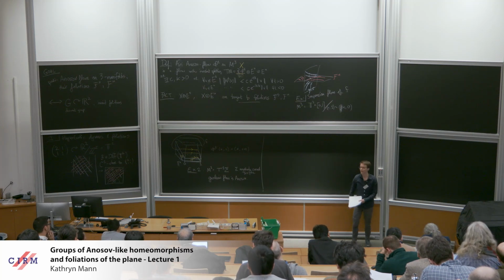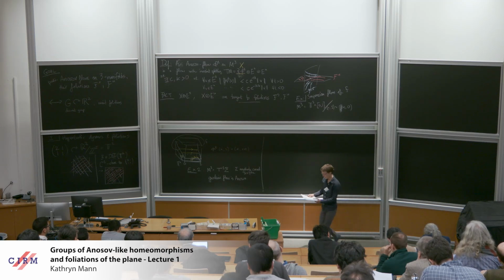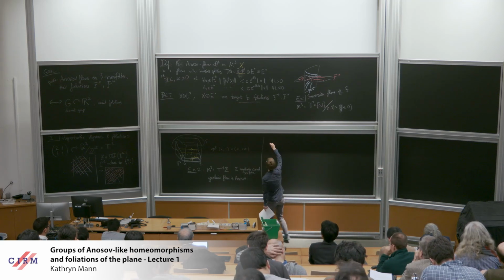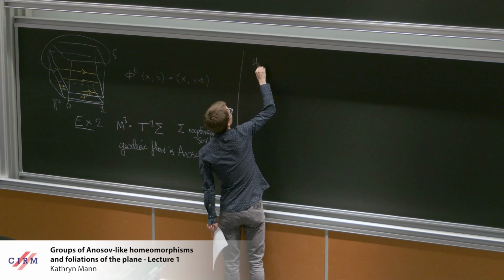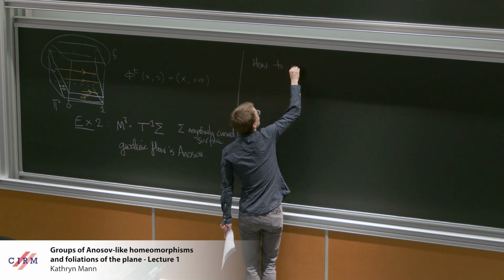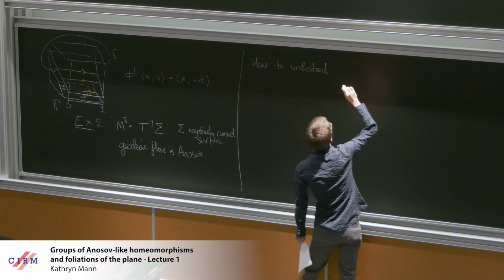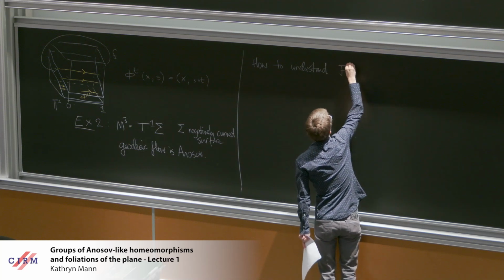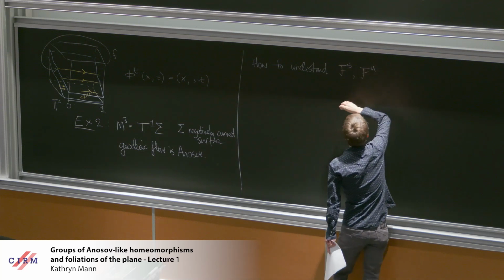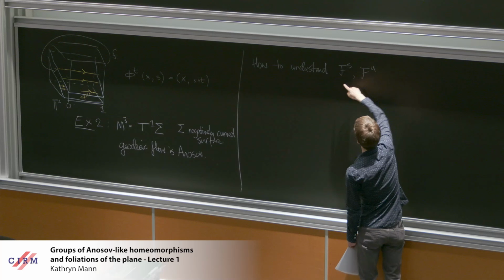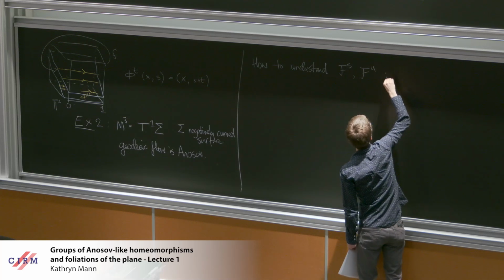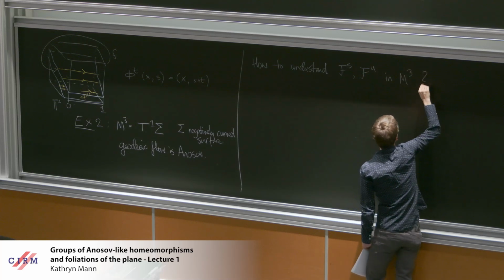So this is a very rich topological picture. How can we understand the picture given by pairs of such stable and unstable foliations in the 3-manifold?